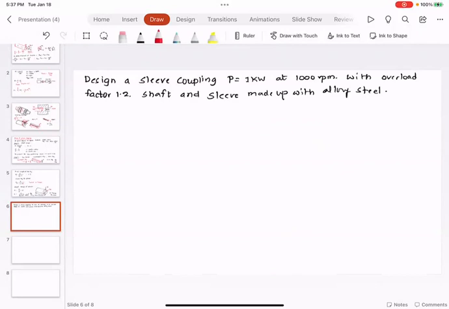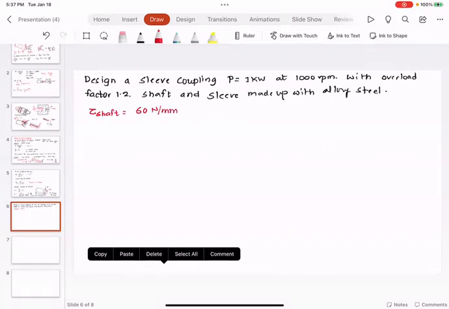This is the alloy steel. So I'm going to assume tau shaft is equal to 60 Newton per millimeter square. You can actually use a mechanics handbook or material handbook to find out these values, or you can just Google.